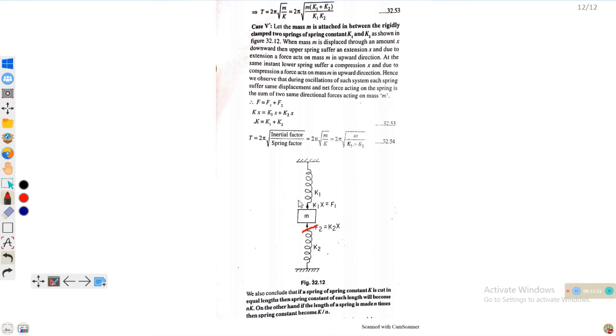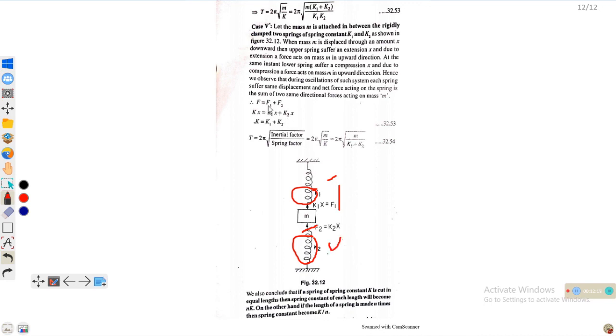So the net force on the block will be F equal to F1 plus F2. The displacement will be the same. If we compress this spring by delta x, the other spring will be elongated by the displacement delta x. So the net displacement will be the same in this spring and in this spring.